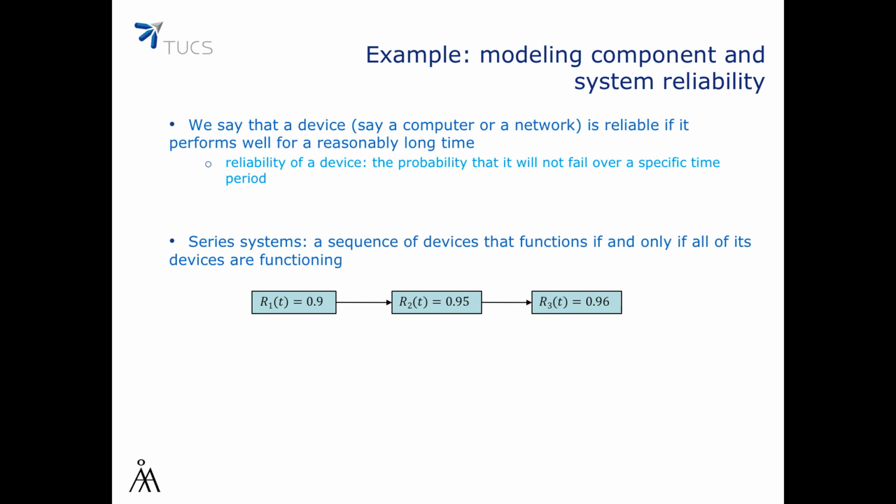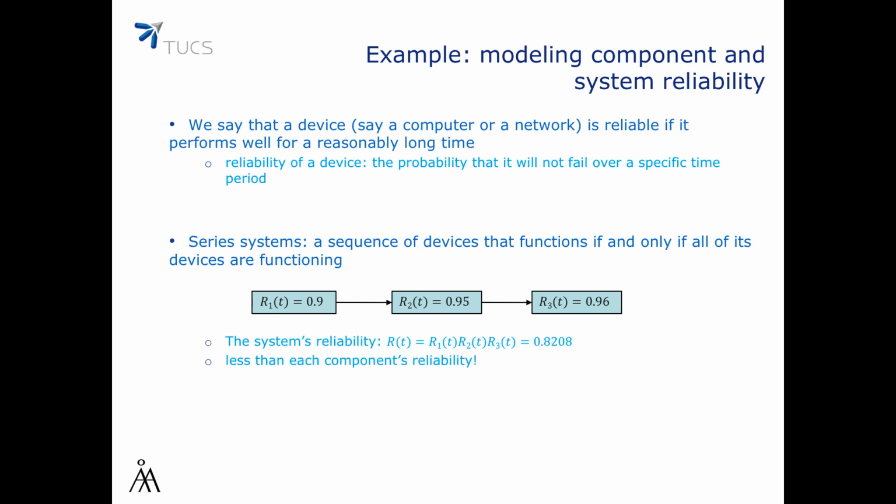If we have a series system, meaning a sequence of devices, it will function only if all of its devices are functioning. And so let's say that the reliability of the first device in this sequence is 0.9. And after it we have a device with reliability 0.95, and finally the third one has reliability 0.96.